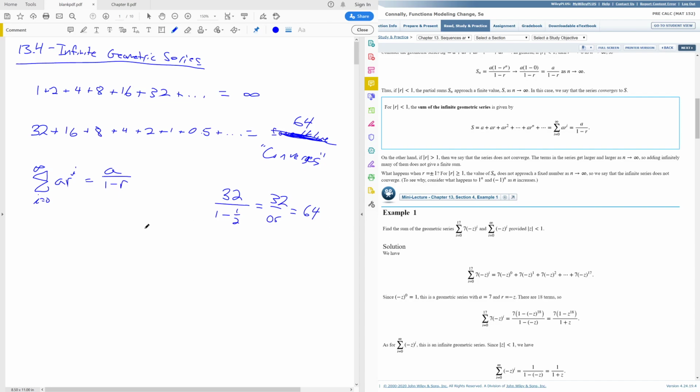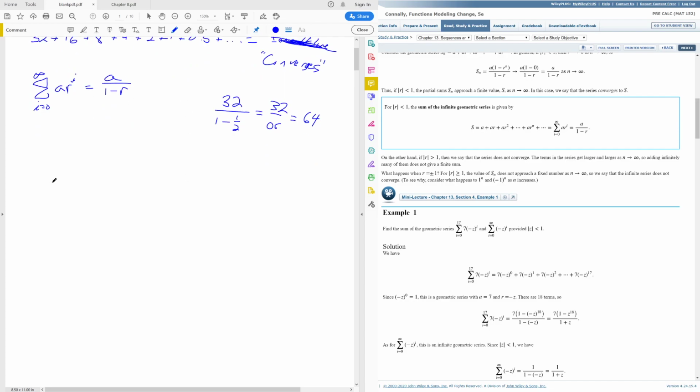So the idea here is that it will converge when the absolute value of the ratio is less than 1, okay?